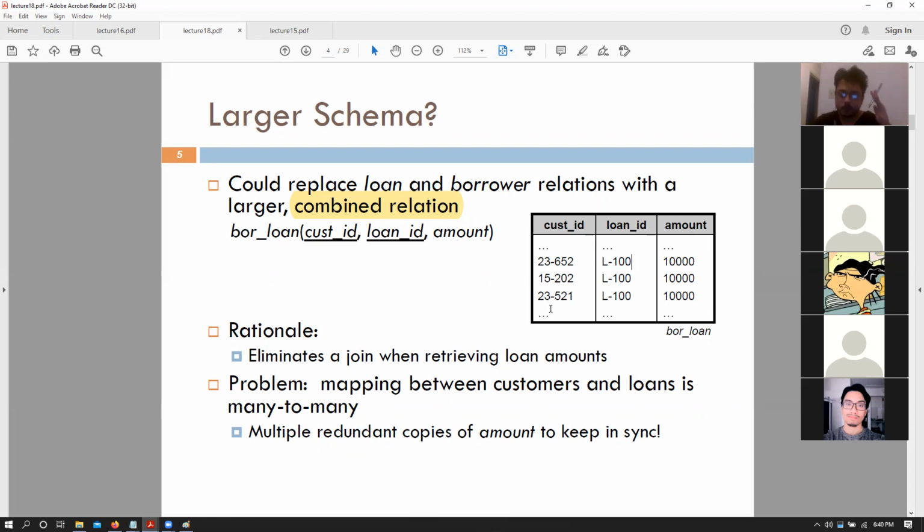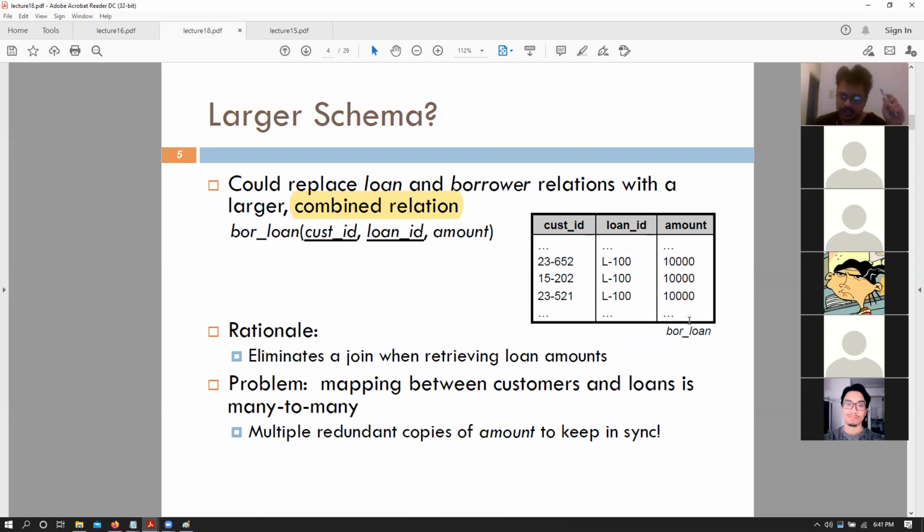If we were to look at it in terms of a normal form, that is a Boyce Codd normal form or a first normal form or a third normal form, then this table would be an invalid table because of that redundancy. The redundancy being that we have this $10,000 amount being repeated every time.